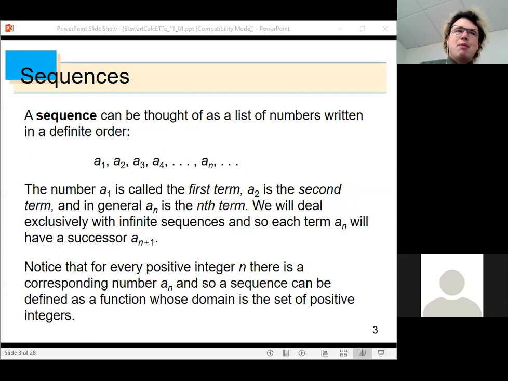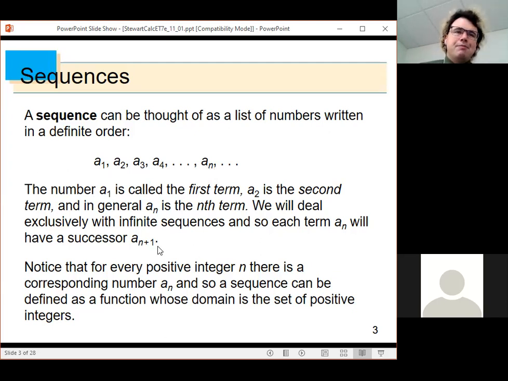The idea is that there's going to be some first number followed by some second number, some third number, some fourth number, and so on. And as long as I don't know exactly what those numbers are, I'll just give each of them a name. And here I'm just using an A with a subscript indicating what order that number comes in the sequence.